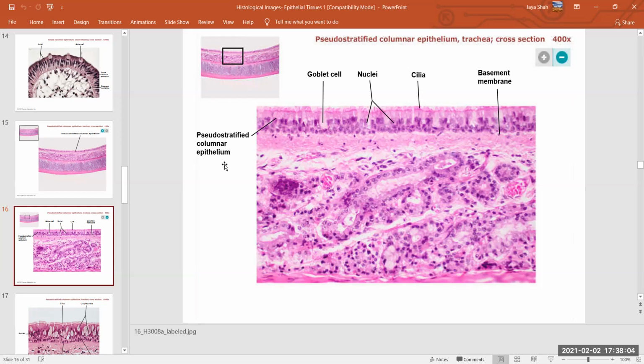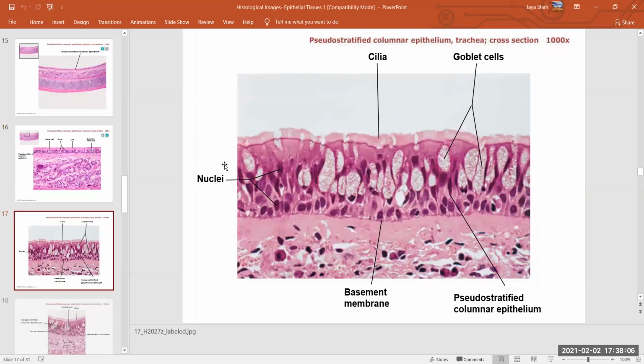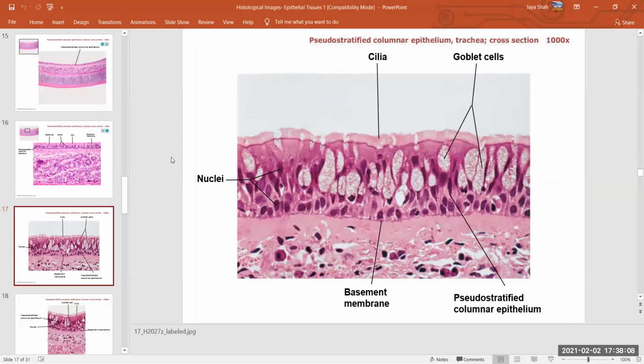So that's why this is pseudo-stratified columnar epithelium. Even highly magnified, 1000, see, basement membrane. And you can see the nuclei. Some of the nuclei are here, some are here, some are here. And you see structures larger than the microvilli. So that's cilia. And a lot of goblet cells compared to the small intestine.